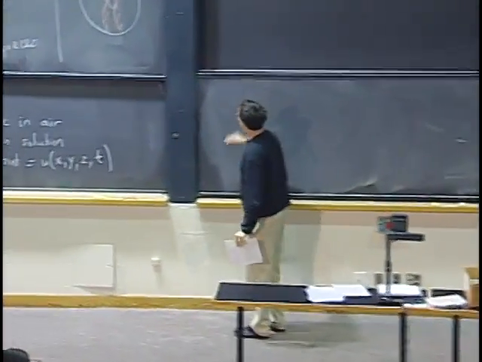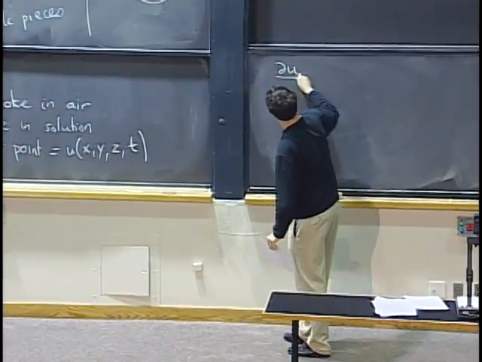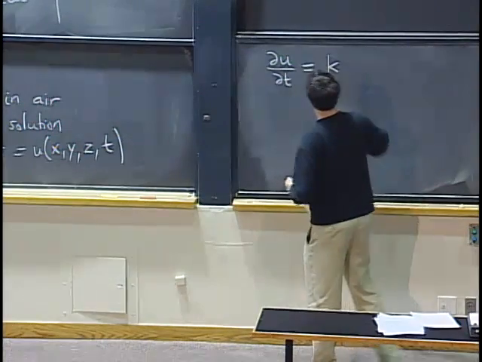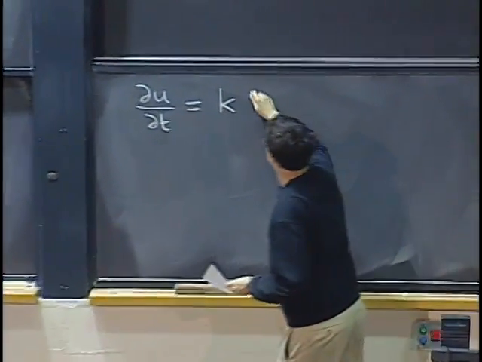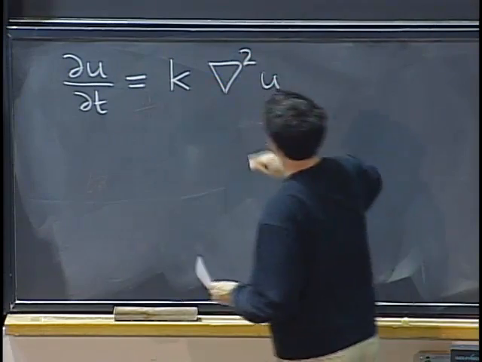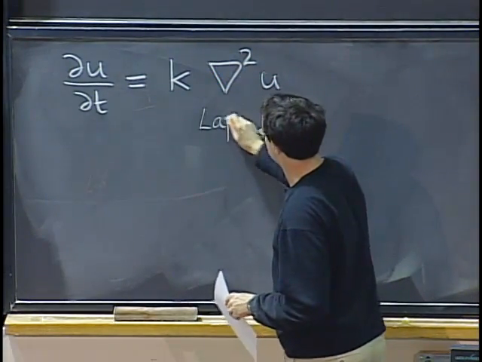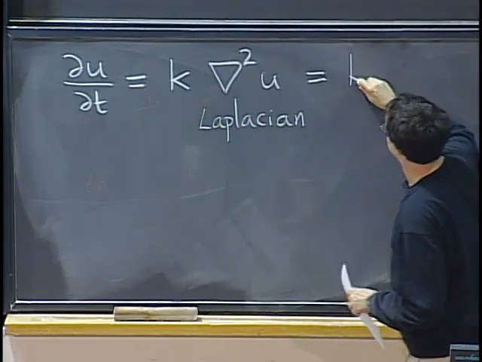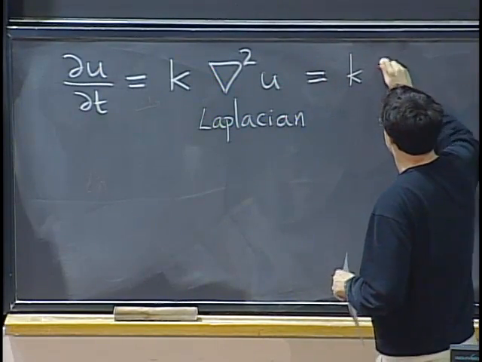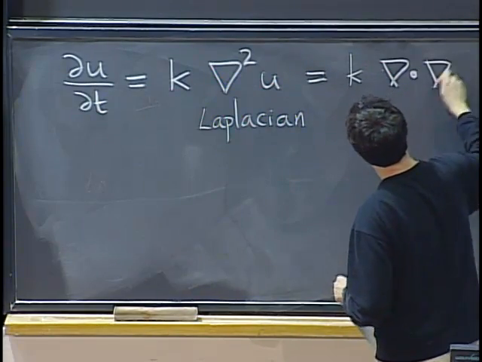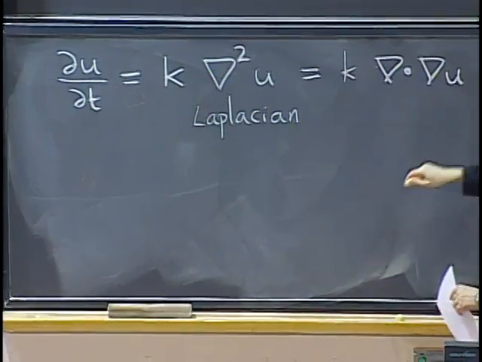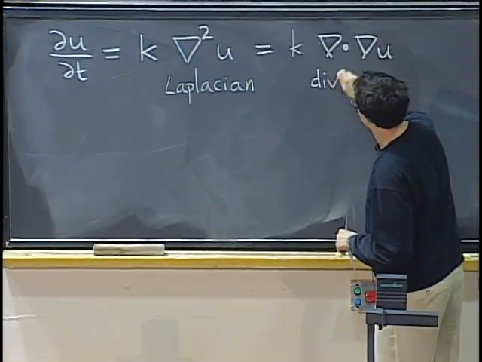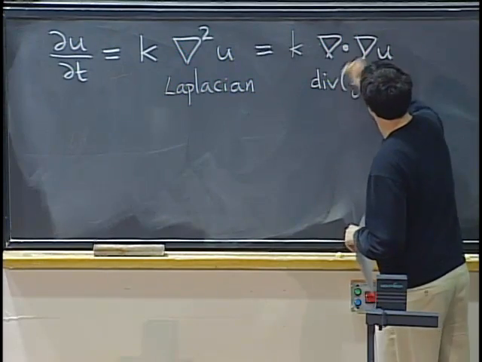So what's the equation? The equation is partial u, partial t equals some constant, let me call that constant k, times something I will call del squared u, which is also called the Laplacian of u. Just to scare you, del squared is the divergence of gradient u.